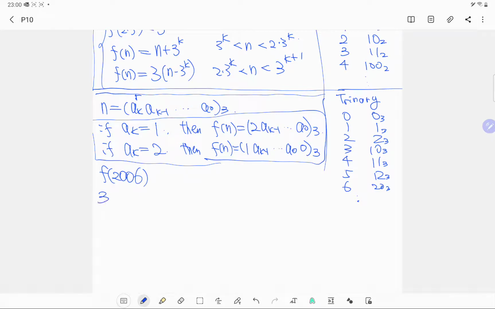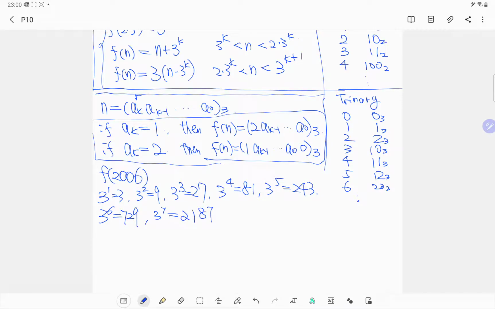So we have 3 to the first power is 3, 3 to the second power is 9, 3 to the third power is 27, 3 to the fourth power is 81, 3 to the fifth power is 243, 3 to the sixth power is 729, 3 to the seventh power is 2187. Okay, so now this number is already larger than 2006.